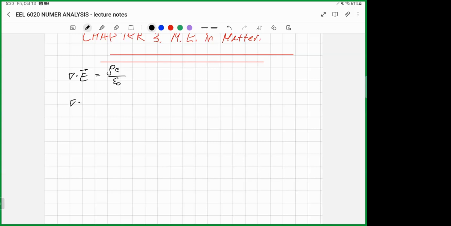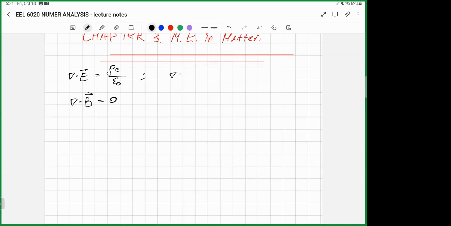Another equation was for the divergence of the magnetic field, and it's equal to 0. This is the manifestation of the fact that there are no magnetic charges in nature.